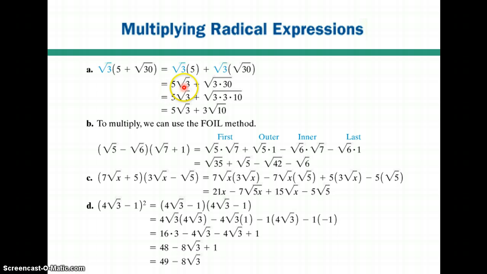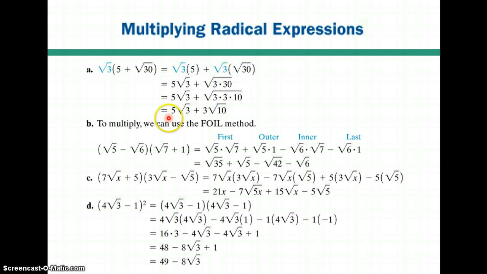So we have 5 times square root of 3 plus, under one radical sign we can write the product 3 times 30 because their index is same. So we have 5 times square root of 3 plus this radicand 3 times 30 can be written as square root of 3 times 10.